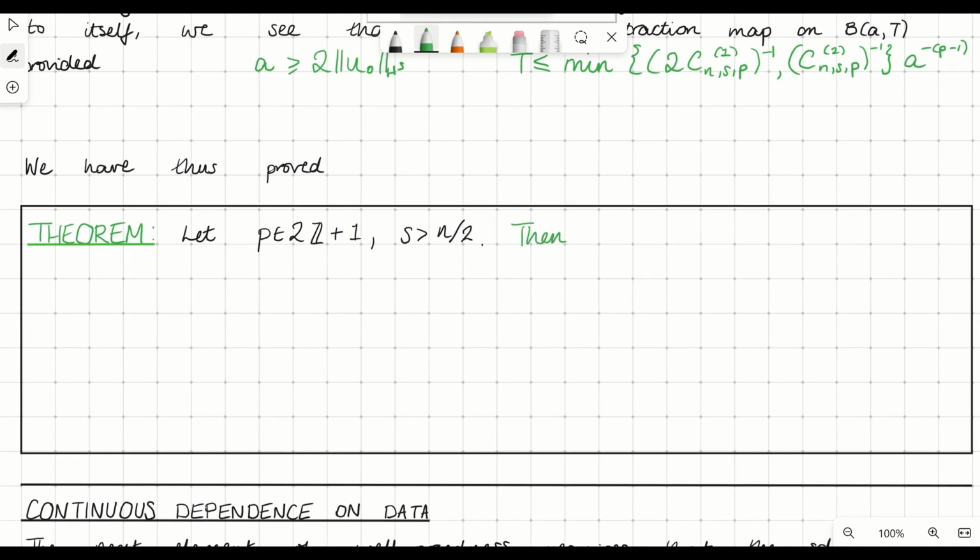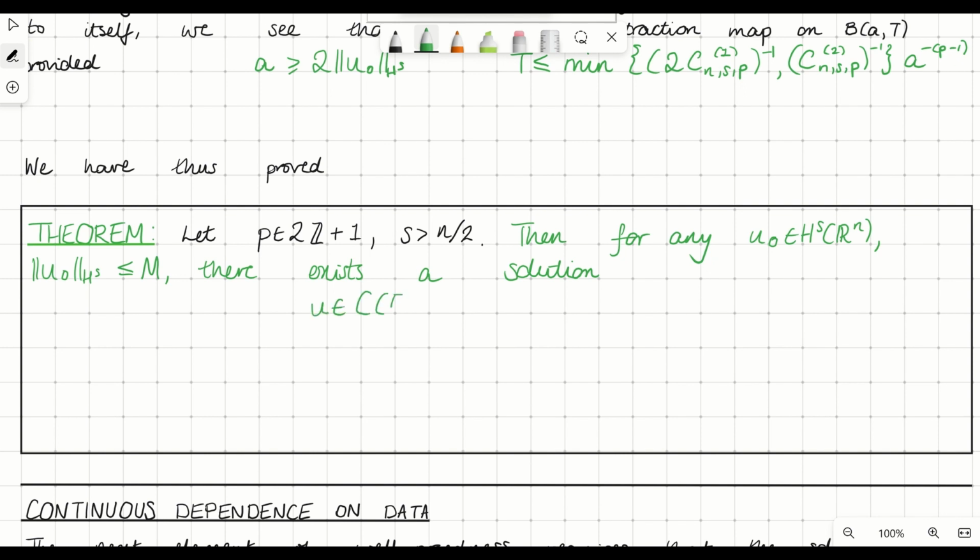Then for any u0 in HS with norm at most m, there exists a solution u on some time interval minus t, which is continuous into HS, to the nonlinear Schrodinger equation, of course, with initial data u at time 0 given by u0.